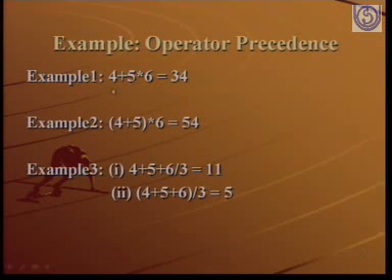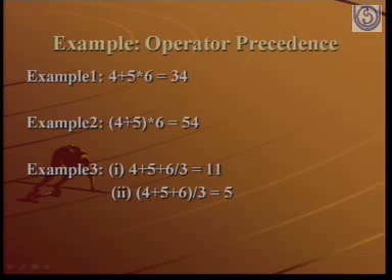It means what will be evaluated first? 4 plus 5, 9 into 6 may give some other result, but actually it will look for the precedence of the operator, and the operator having higher precedence will be evaluated first. So in this case 5 into 6 will be evaluated first, it will turn up into 30, and 30 plus 4 gives 34. So 34 is the result.